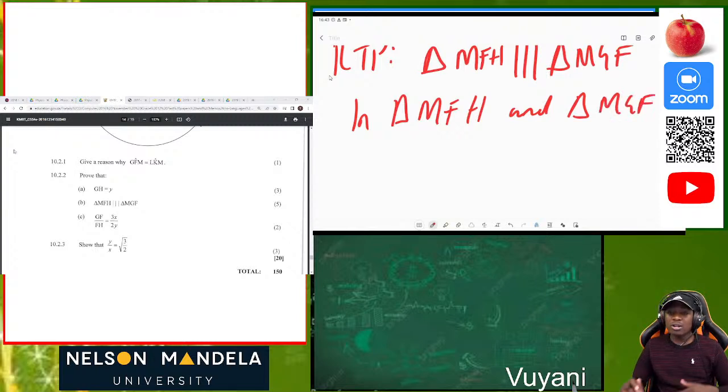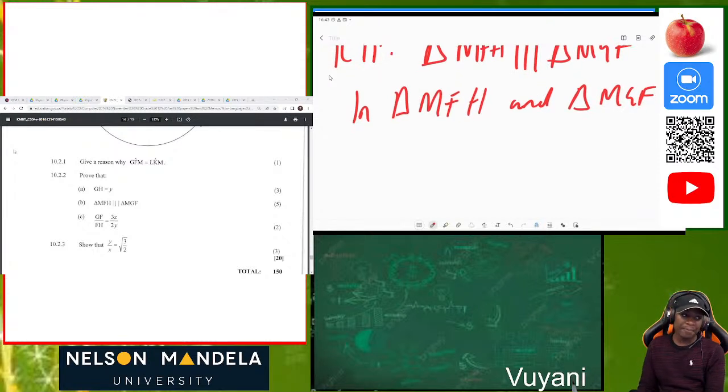Why? So that you don't get confused. Write your triangles as they are. Don't say that triangle MFH is similar to, without you proving. So you are required to prove that these two triangles are similar. So you start by separating that in triangle MFH and in triangle MGF, so that you can see both triangles simultaneously, separately.